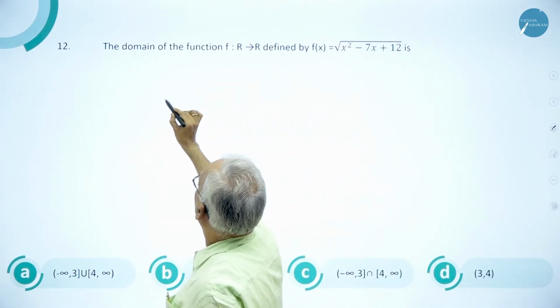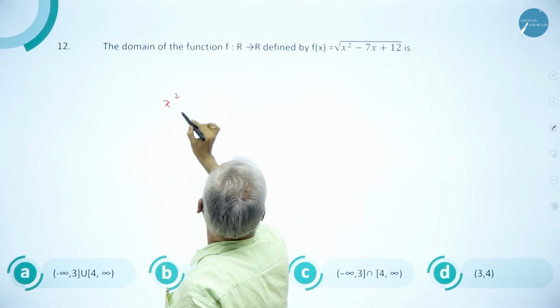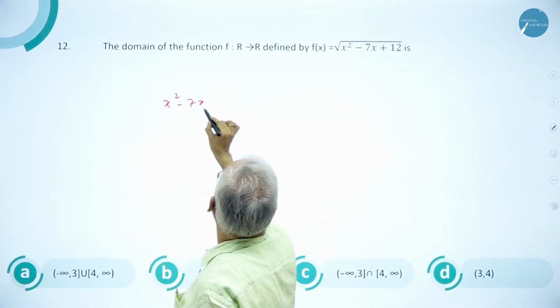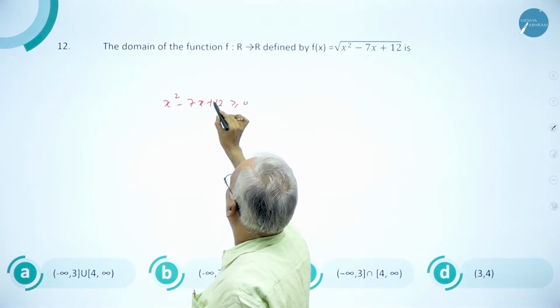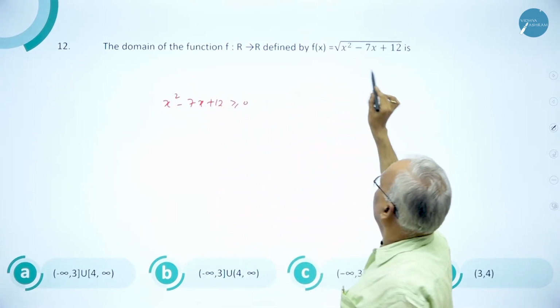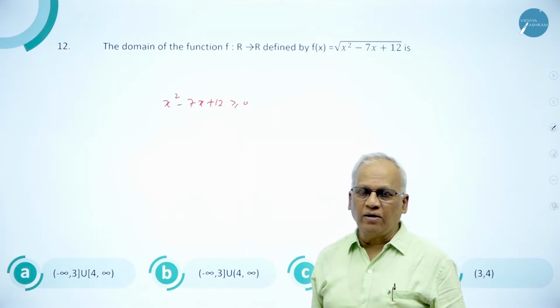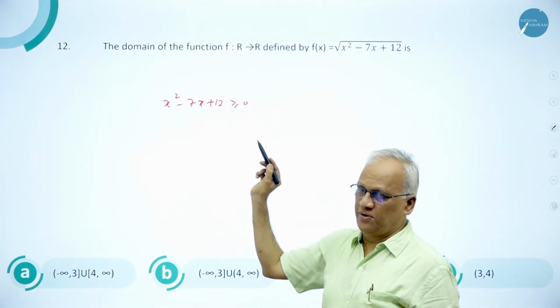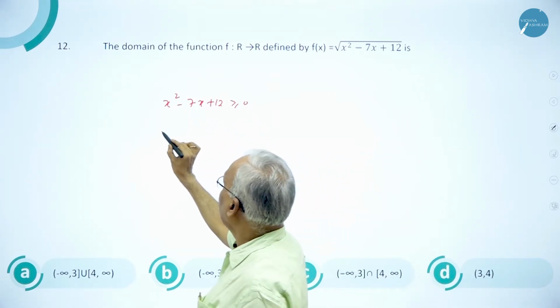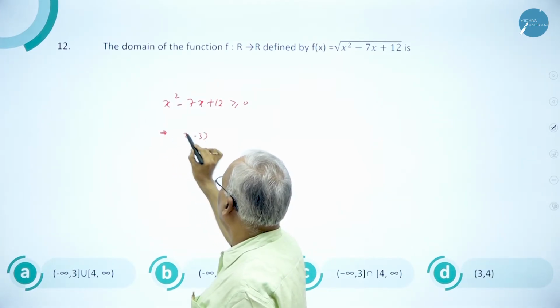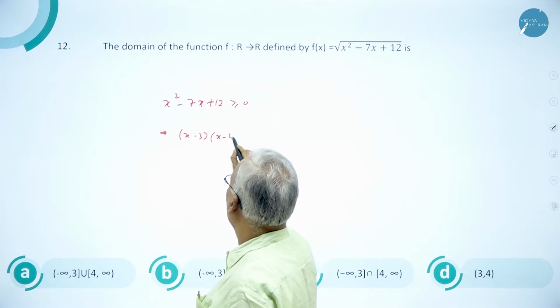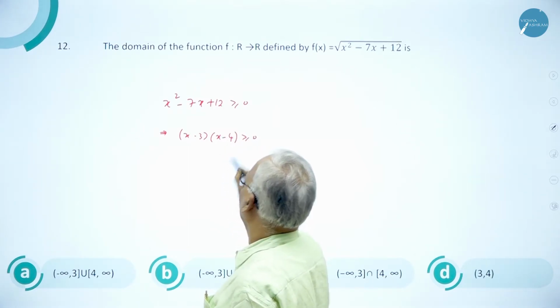The domain of the function f from R to R defined by this. You should know x squared minus 7x plus 12 should be greater than or equal to 0, because the square root of a number is defined only when it is not negative, either positive or 0. So you can write this as x minus 3 into x minus 4 greater than or equal to 0.